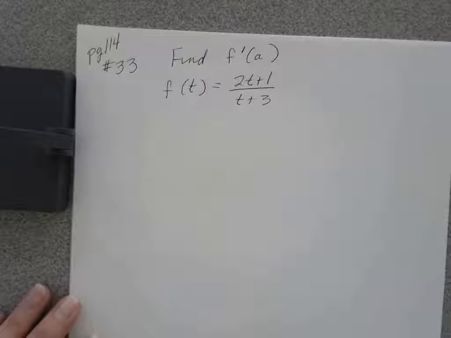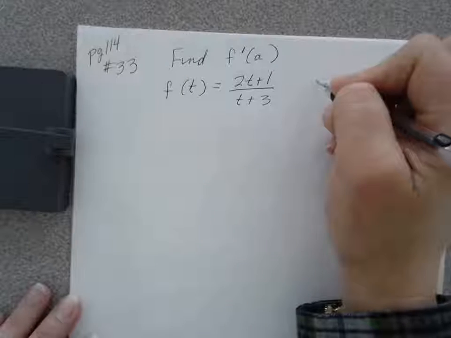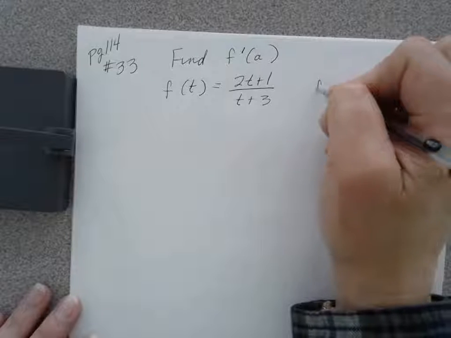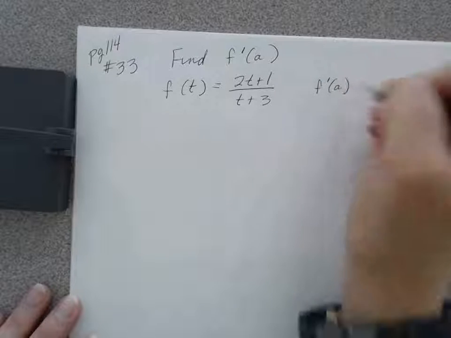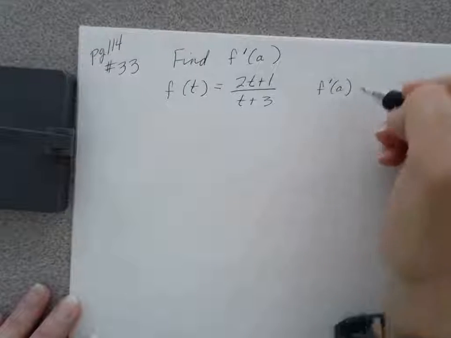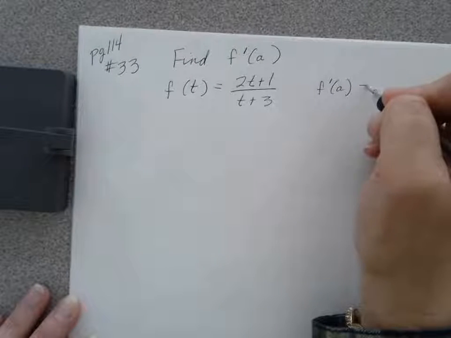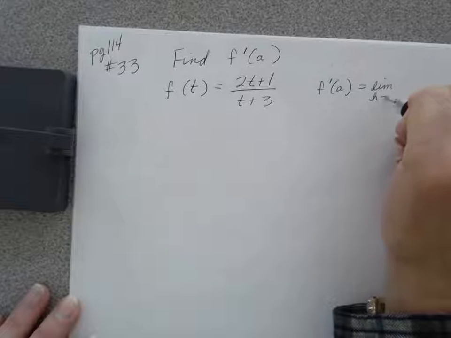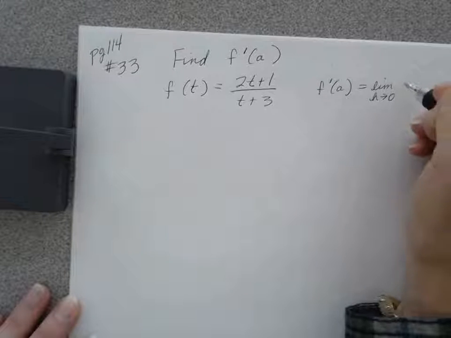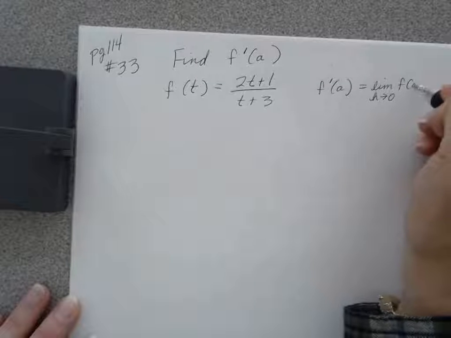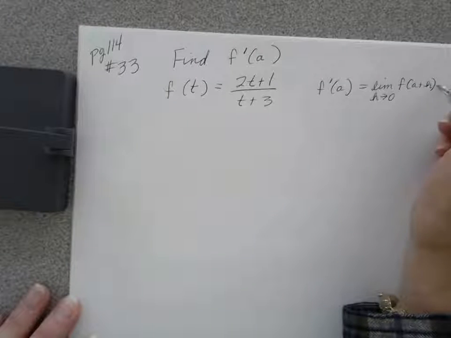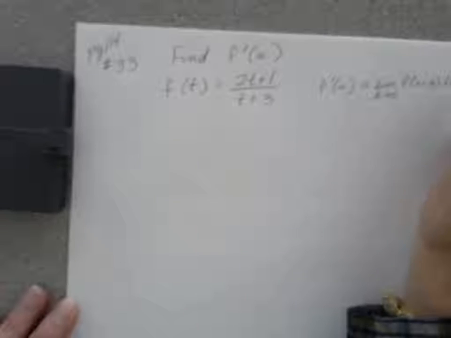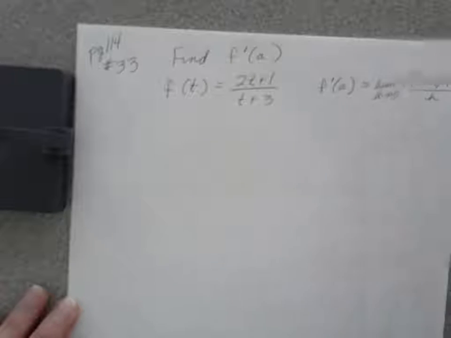Okay? So we're looking for f prime of a. So that means what I'm going to be plugging in when I use the definition, the limit as h approaches 0 of f of a plus h minus f of a all over h.